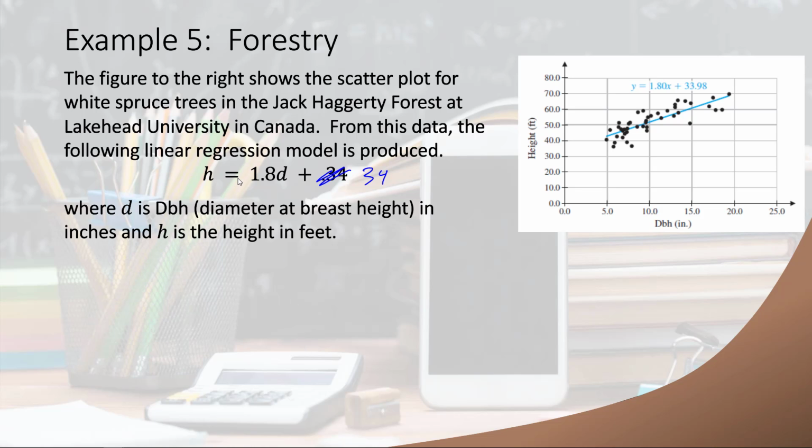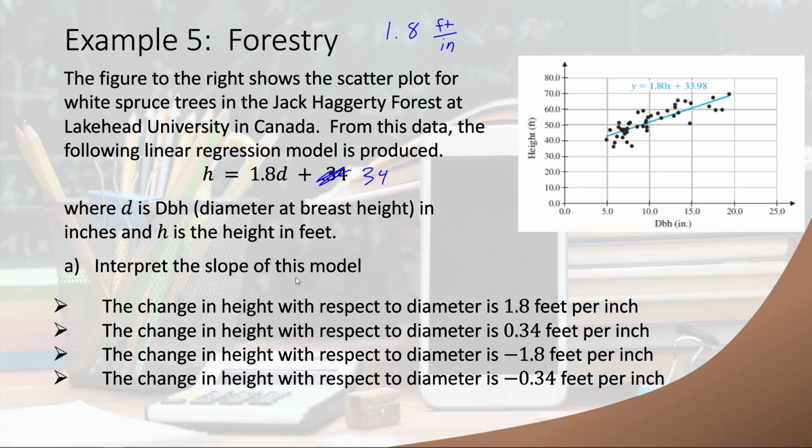Okay? And notice here that this is 1.8 times d. This is the slope. So 1.8d, 1.8, is going to have the units of feet per inch, because we are going to multiply it by d in inches and come up with feet. Okay, so first question is, yes, you guessed it, interpret this model, interpret the slope of the model.